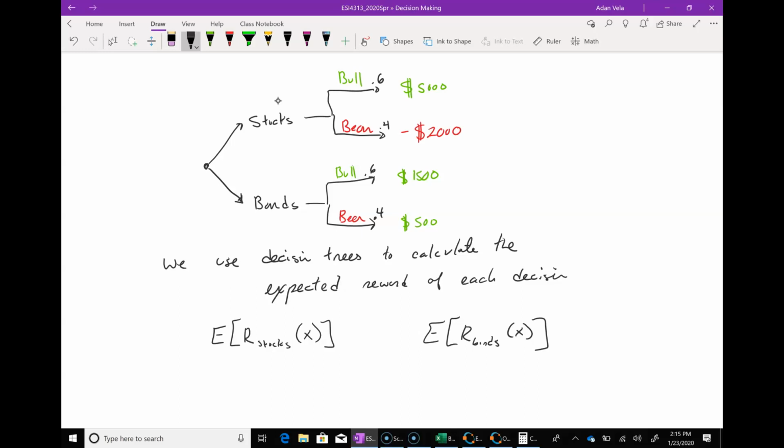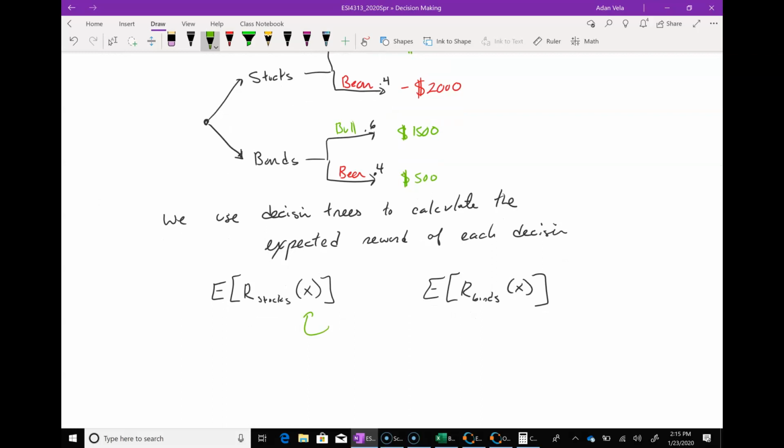And so what this X represents is the type of market that occurs.